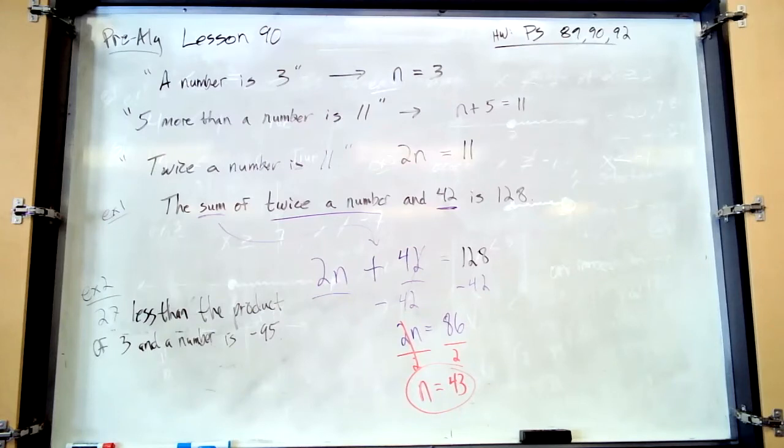That's a 3, not a 5. The board's messed up there. So product of 3 and a number. So 27 less than the product of 3 and a number. How is that a 5? So am I wrong?